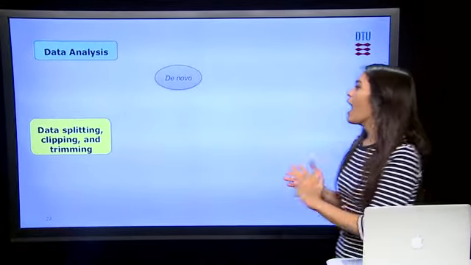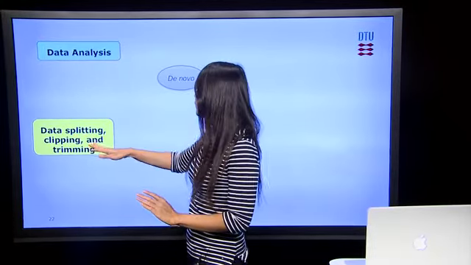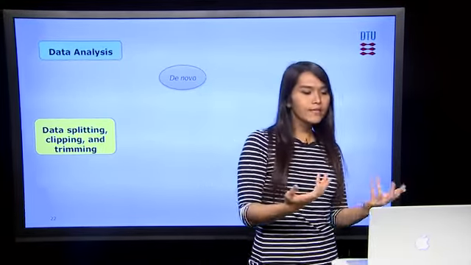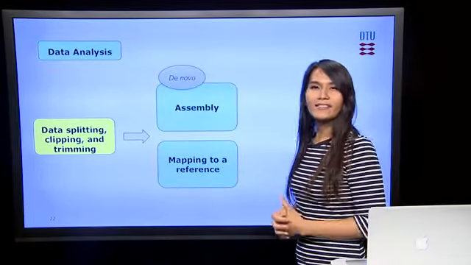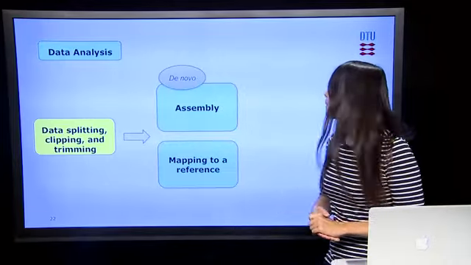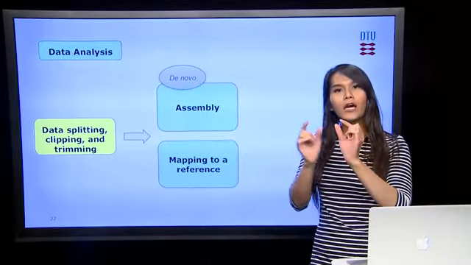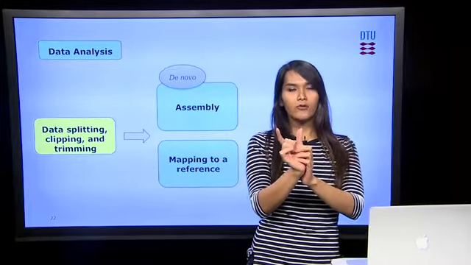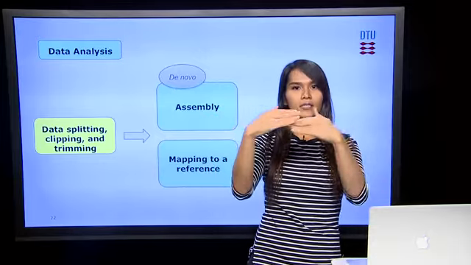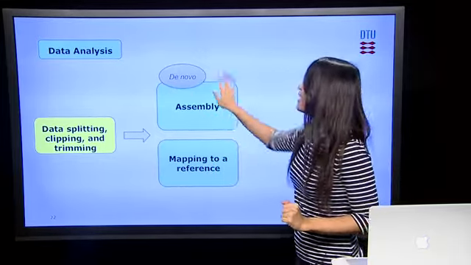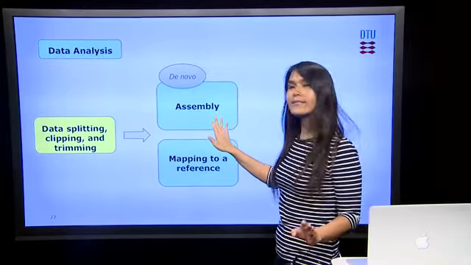Okay, so after you split the barcode and trim the low quality reads, the next step, there are going to be two ways, depending on your objective. First of all, you do de novo assembly. Because the raw reads are very short, you try to merge them to make longer sequences. If you do that without a reference genome, we call it de novo assembly.